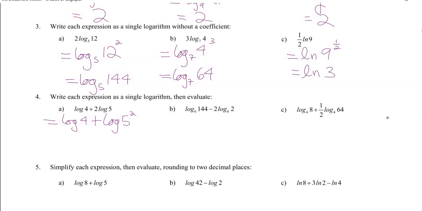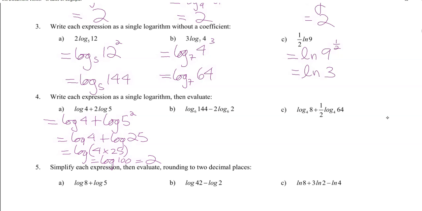So we can't actually say, hey, you're adding 2 logs. We can't say that until we have the word log by itself, no number in front. So that's log 4 plus the log of, so what's 5 squared? 25. Log 4 plus log 25 is the log of 4 times 25, which is the log of 100, which is 2. Also 2. All the answers are 2. That's what we got so far. Don't try that on the test.